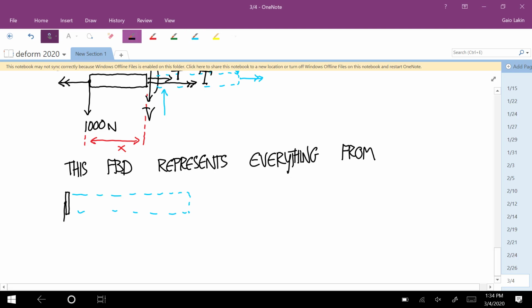And you have this downward force, this couple, these internal loads.